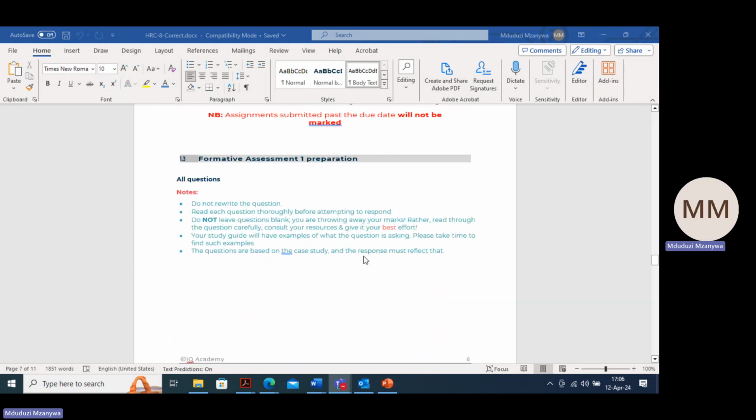So for this assessment, you do not need to rewrite the question. I think this speaks specifically to those who will be writing on the Word document and not attempting online. Also, read each question thoroughly and carefully before attempting to respond.